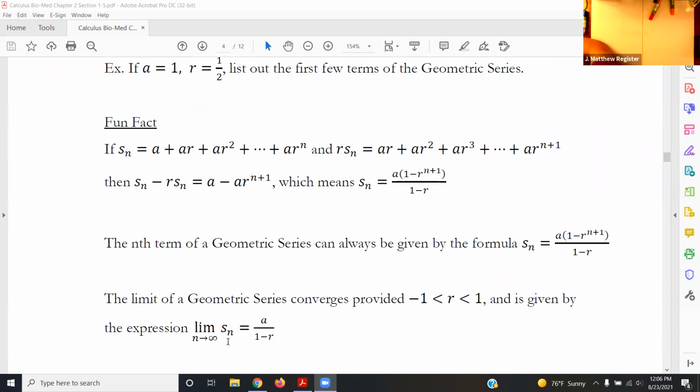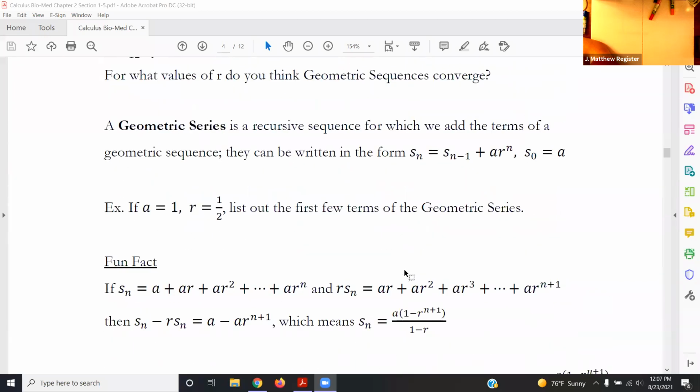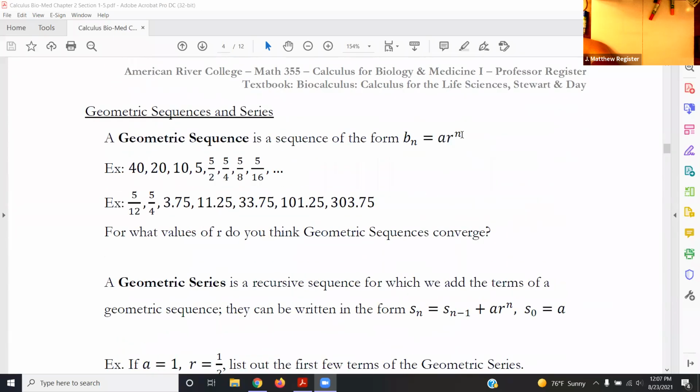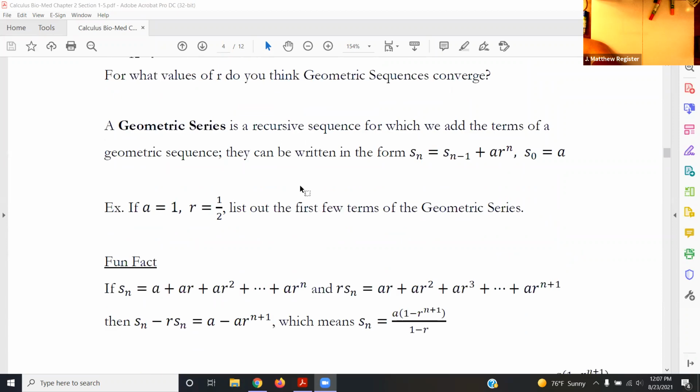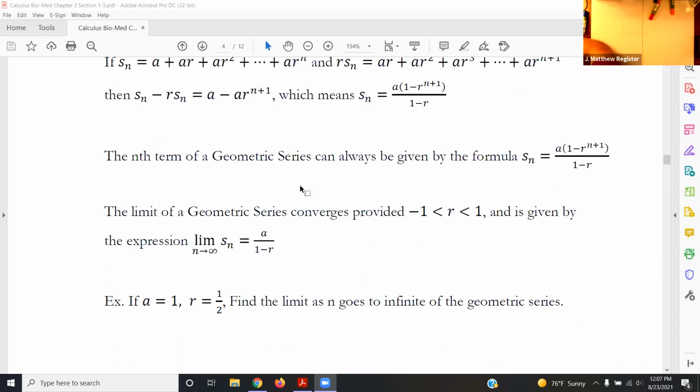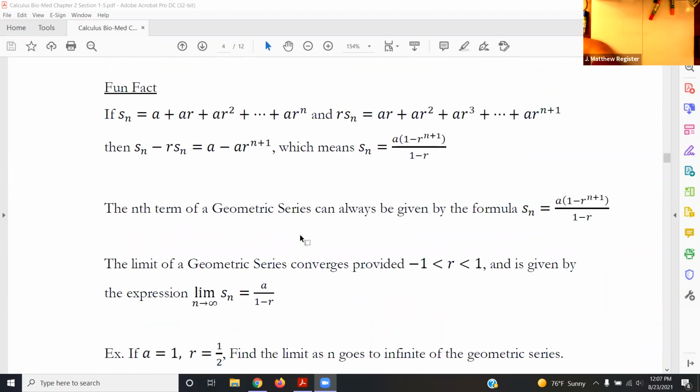The limit as n goes to infinity is always going to be given by s sub n, or the limit is equal to a over 1 minus r, where the a and r are coming from these values. So in this case, the a would be 40, and the r would be 1/2, because it's multiplying by 1/2 each time. That said, there's nothing really that interesting about this other than that we can get a concrete solution for it.